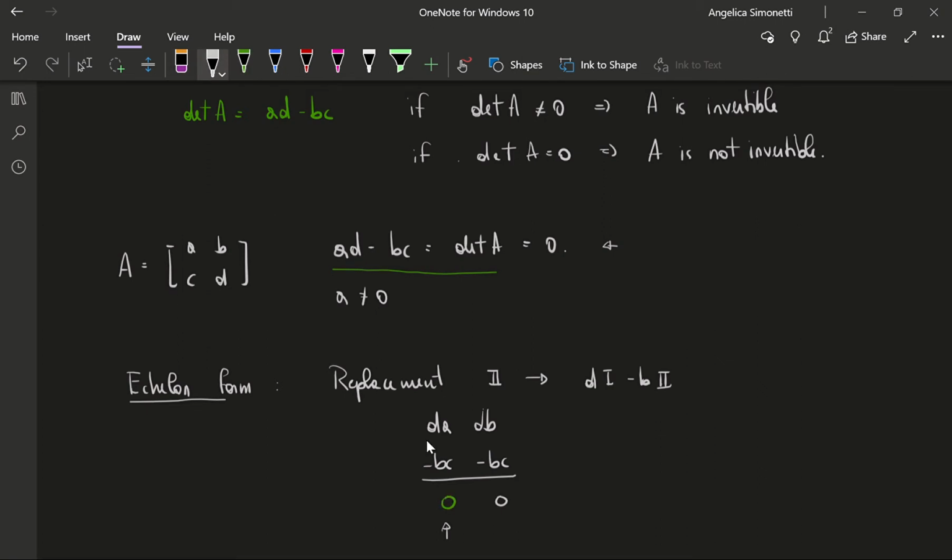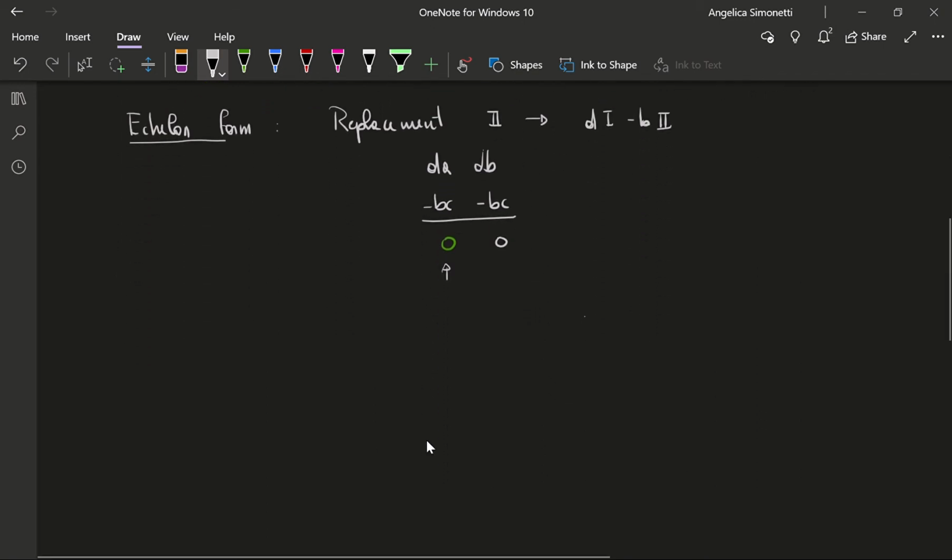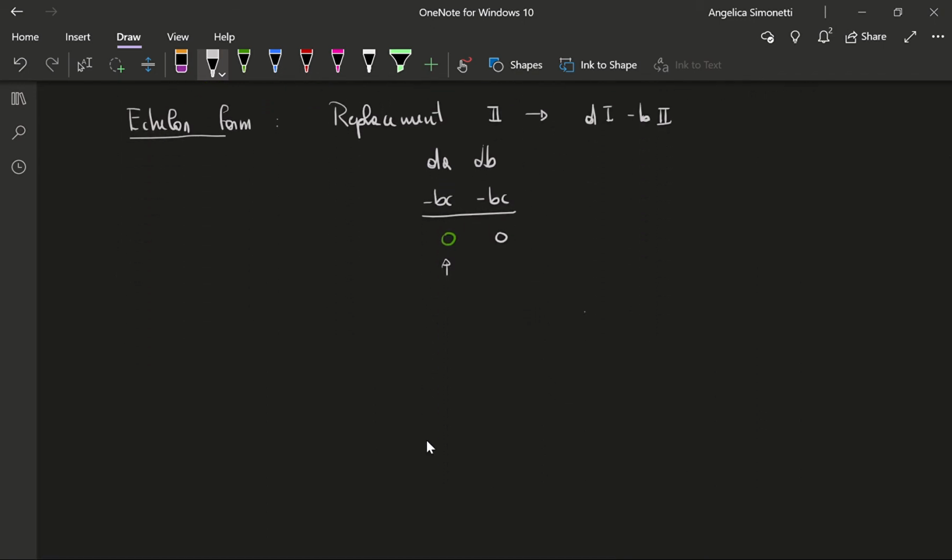Therefore, the echelon form of A is going to be of the type A, B, 0, 0. So what can we say about the columns of A?